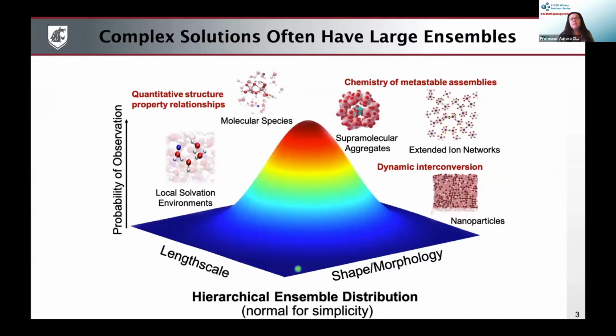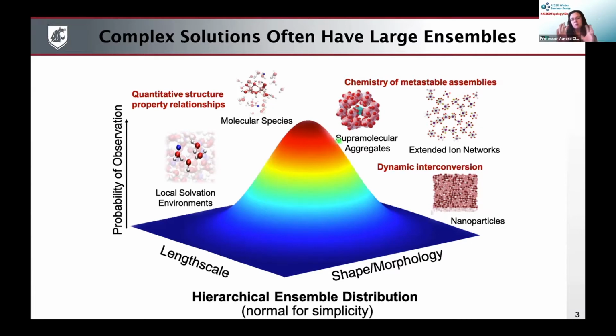A really interesting and important point is that complex solutions often have very large ensembles of different molecular scale or even hierarchically organized species. This is a normal distribution representing some kind of ensemble of all of the different kinds of environments and chemical species that you might see in a complex solution. These vary across length scale, shape and morphology. We have local environments, we have intact molecular species.